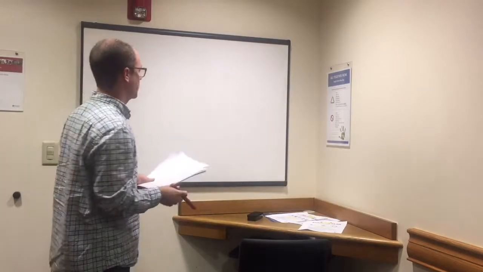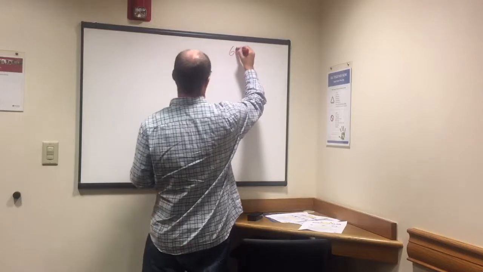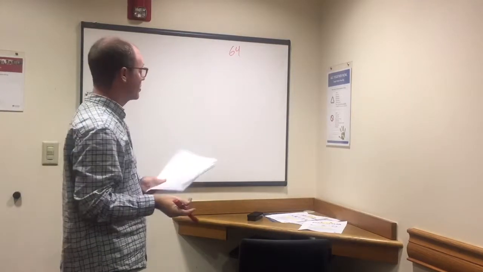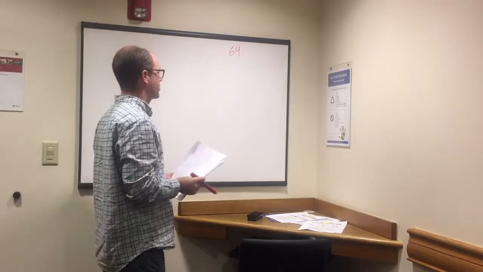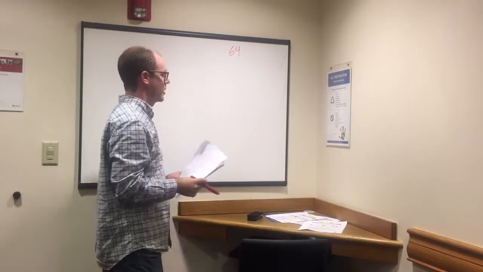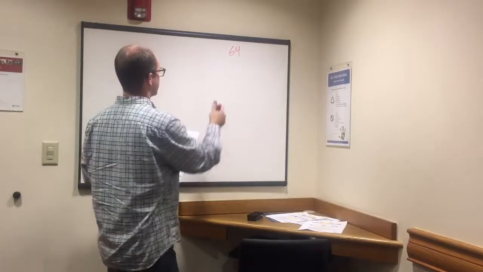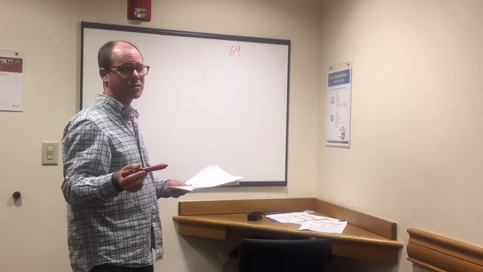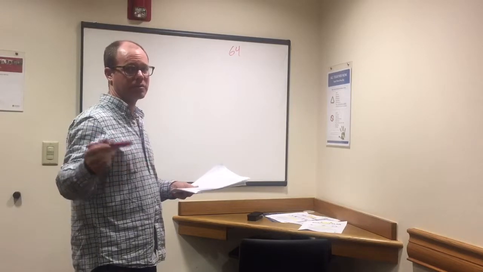Do you want to do another one? Cube root, what if it was of 64? We start with the same thing. We've already done 2s and 3s. With the 2s, we got to 8, so the cube root of 8 would be 2, because 2 times 2 is 4, 4 times 2 is 8.